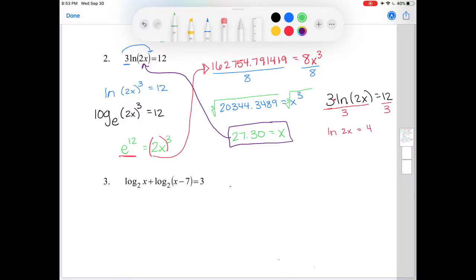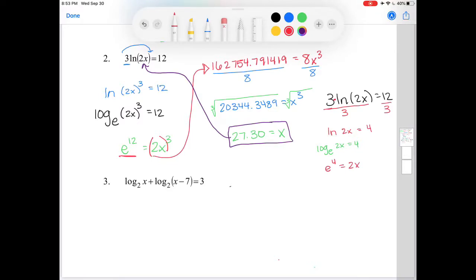And when I do that, I would be left with a natural log of 2x equals 4. And I can continue by converting that natural log into log base e, and then getting it into exponential form, e to the 4th power equals 2x.